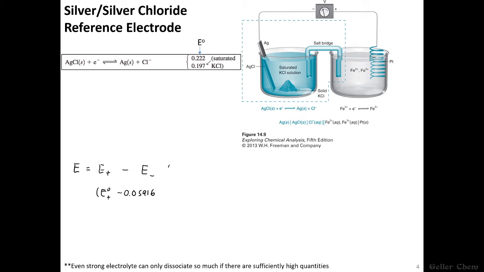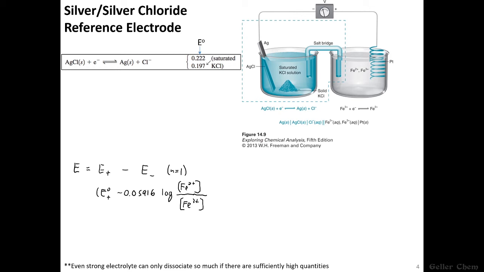So above we'll just make the note n equals 1, and so we're not even going to bother writing it in the Nernst equation. So 0.05916 log of our product on the right side is Fe2+ concentration, no coefficient, so no exponent, and our reactant is Fe3+.